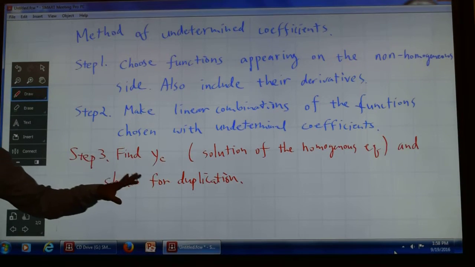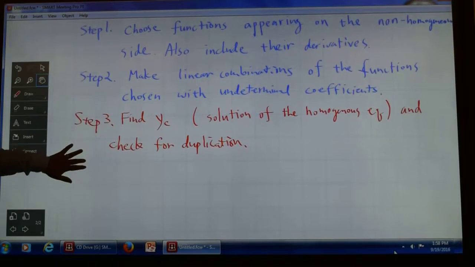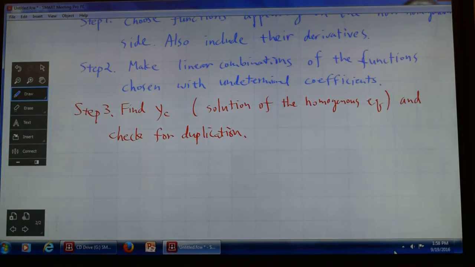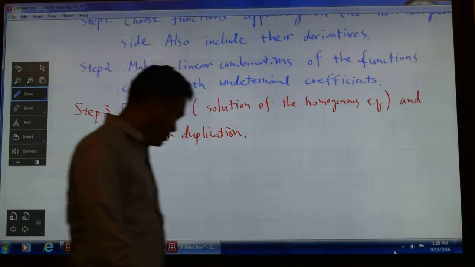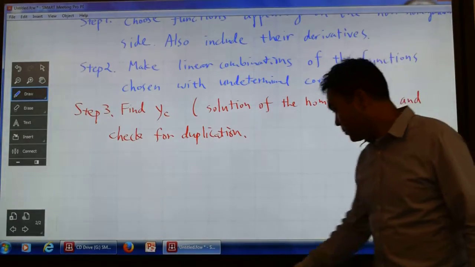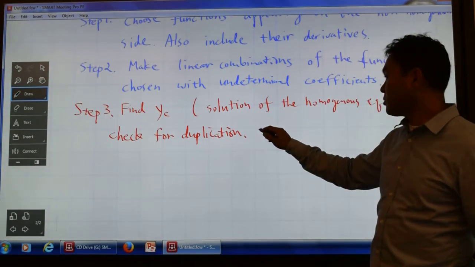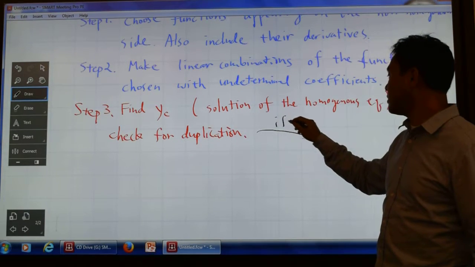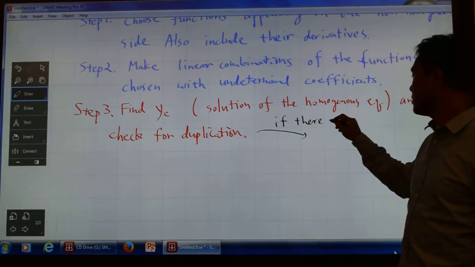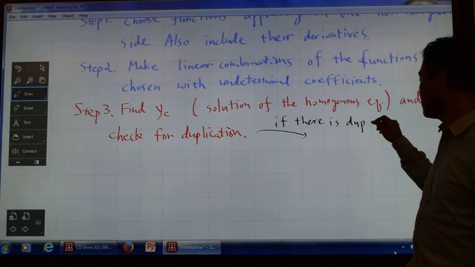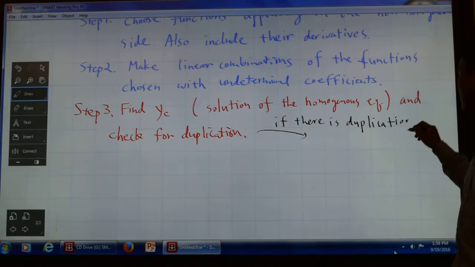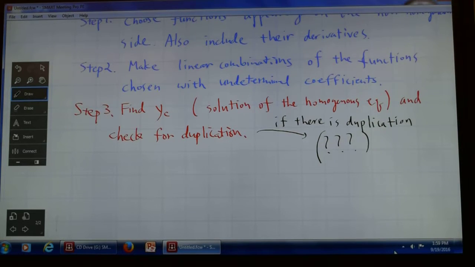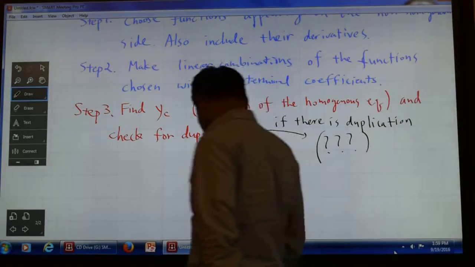If there's a duplication, then there's something you have to do. Okay? But I'm not going to tell you now. It's going to spoil the fun, right? So if there is duplication, then there is some additional process that you have to do, okay? Which I'm not going to tell you at this point. All right.